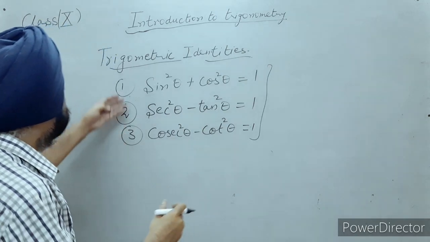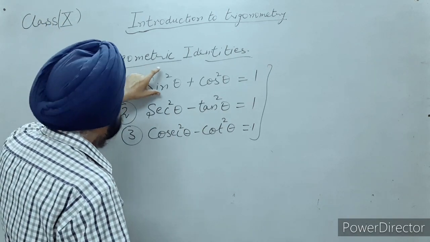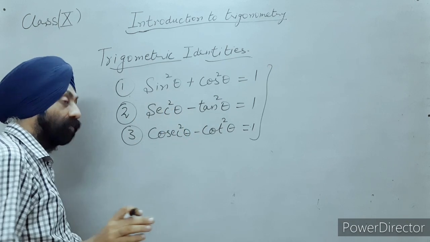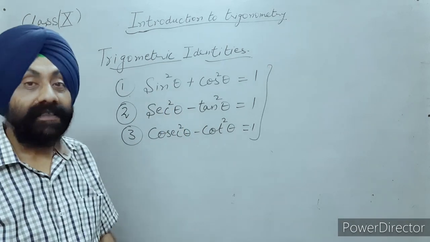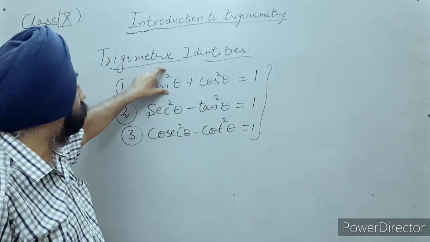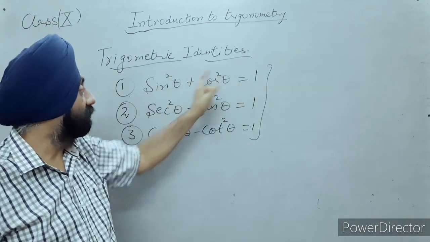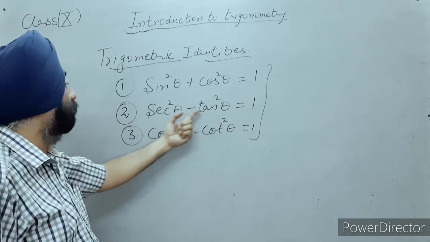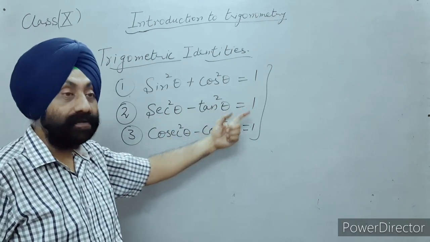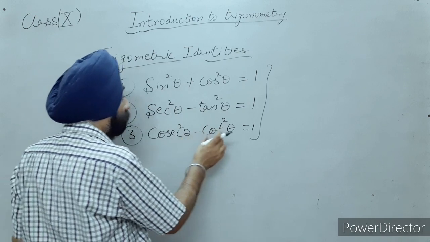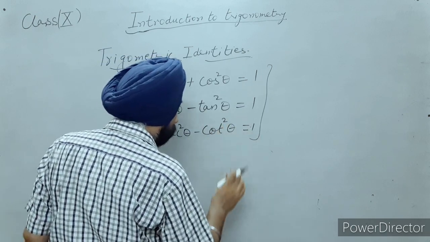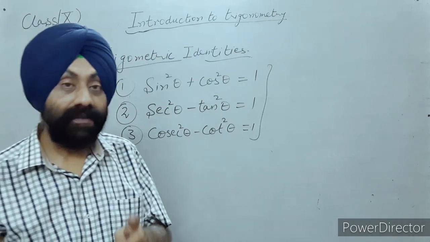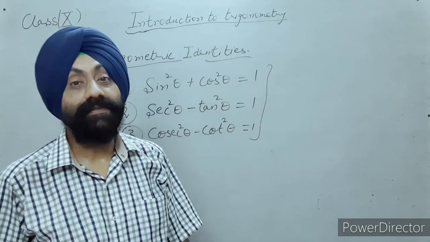In order to remember them, write them 2-3 times, try to prove them, but the proof is not in our syllabus. I just wanted to show you how sine square theta plus cos square theta equals 1. These identities, these trigonometric ratios form the backbone of your trigonometry chapter.